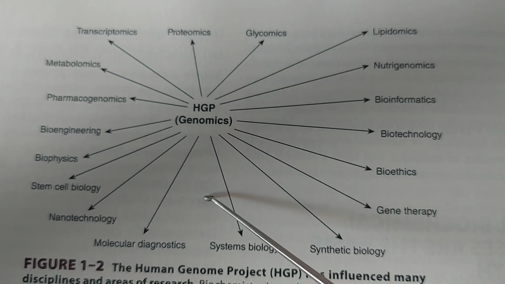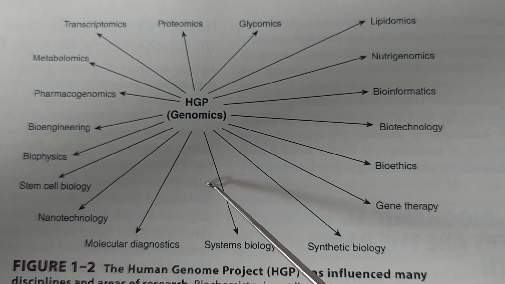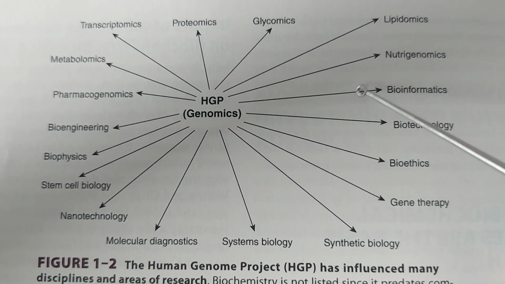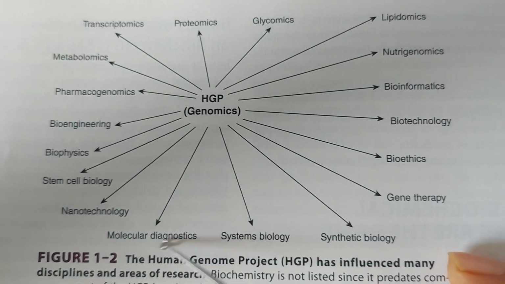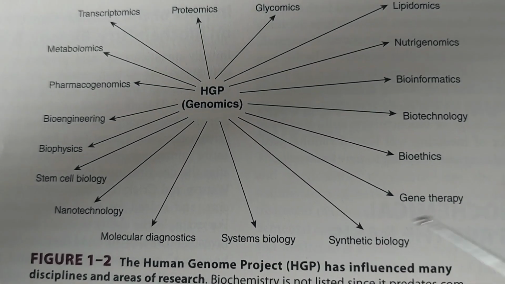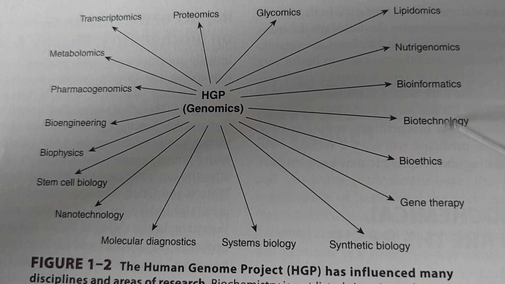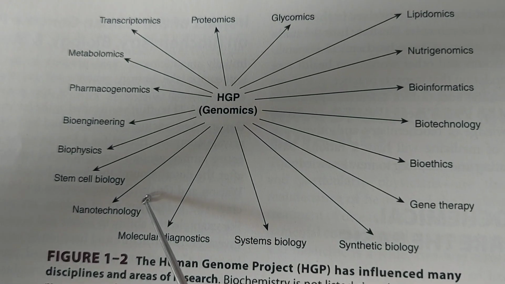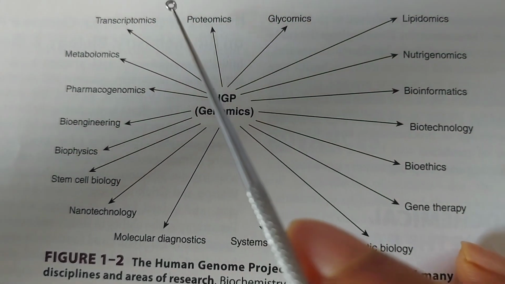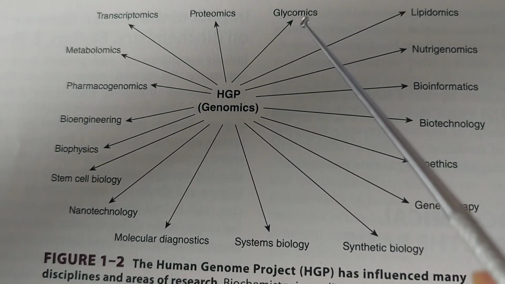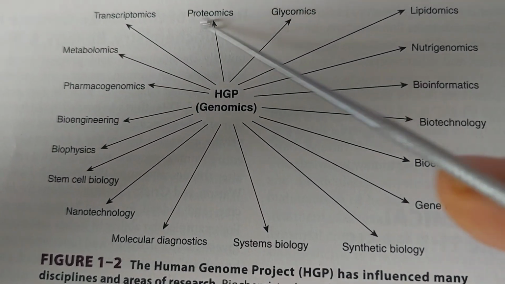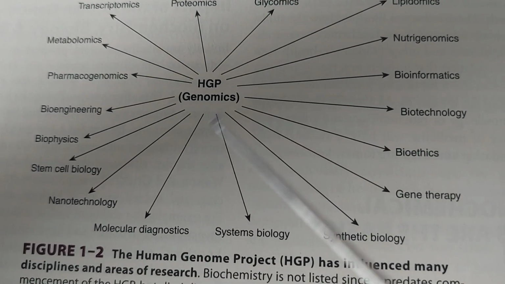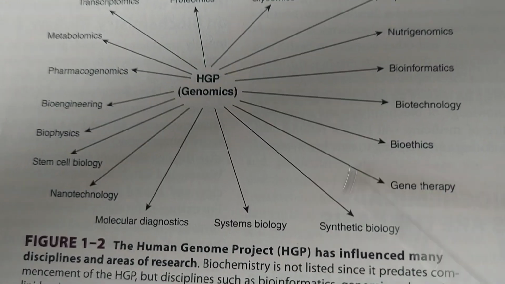After completion of the Human Genome Project at the end of the last century, we found that there are several faculties of medicine like molecular diagnosis, systems biology, gene therapy, biotechnology, bioinformatics, bioengineering, stem cell biology, nanotechnology, proteomics, glycomics, lipidomics, and pharmacogenetics, and these are built on the foundation of the Human Genome Project.